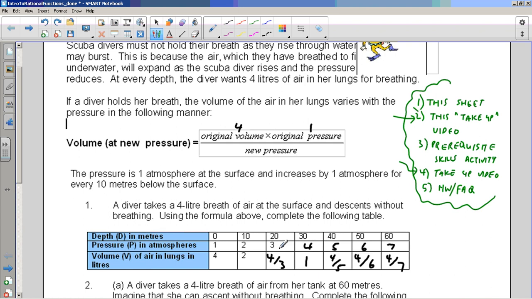So then if I'm coming up with these relationships, this is just a pattern, right? So you just write those in, and then this is the volume of air in the lungs in liters. Basically, it's the original volume times the original pressure, that's where the 4 comes from, divided by the new pressure, which was 3. So 4 divided by 3, 4 divided by 4, 4 divided by 5, and so on. This is a setup question for the next one.